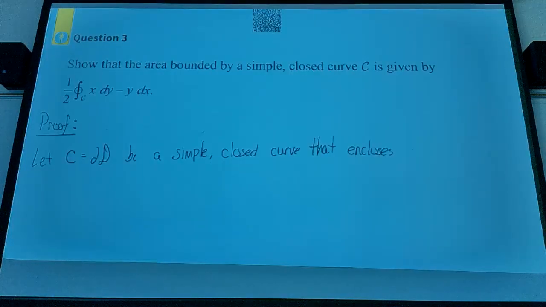If C is a simple closed curve that encloses the region D, that is, C serves as the boundary for D, Green's theorem applies.